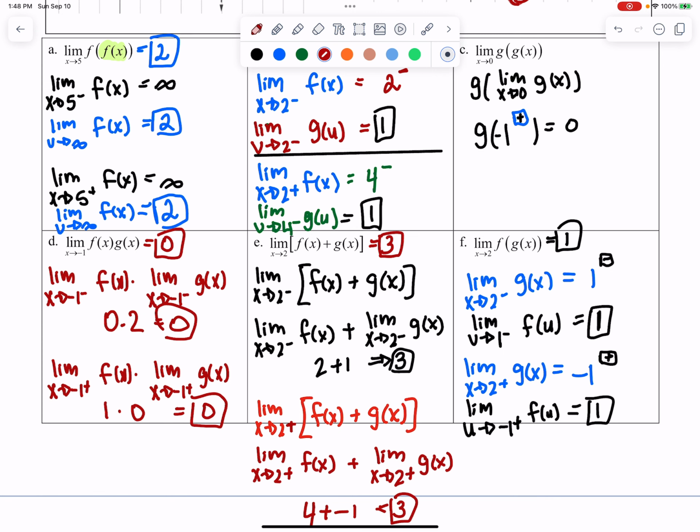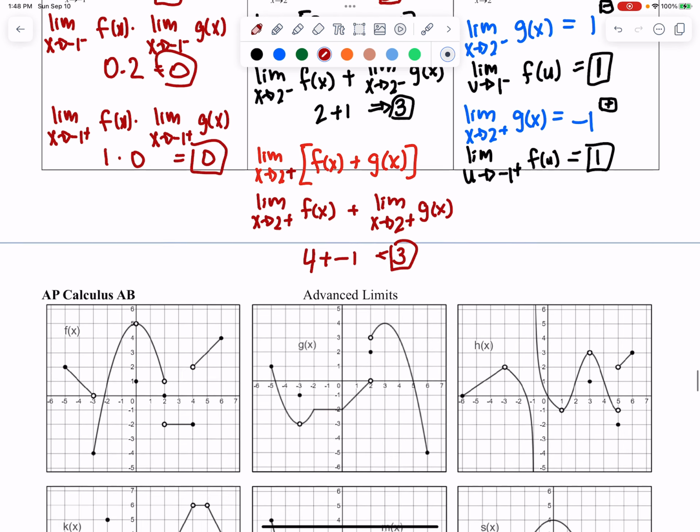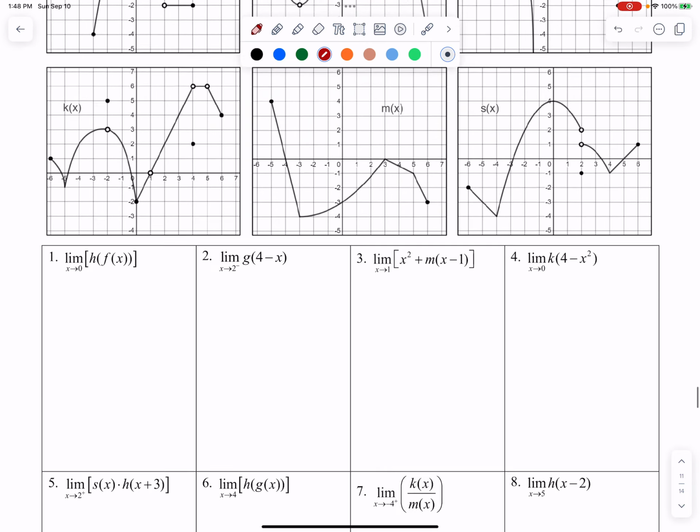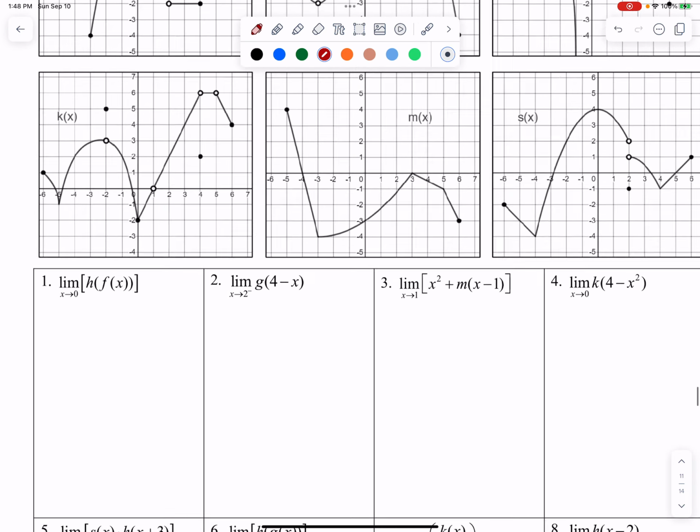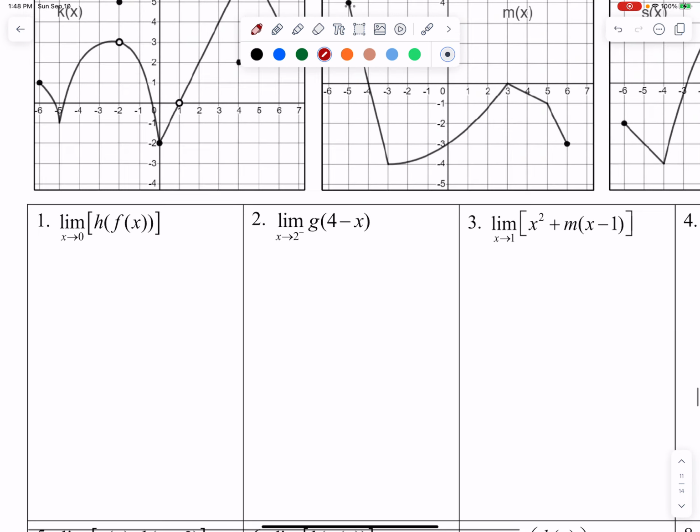All right, I'm going to do one more example, and I'm going to do number 2 on the next page, where we have the limit as x approaches 2 from the left of g of 4 minus x. We're still going to be using what we did earlier, where we are going to find the limit of the inside function first.